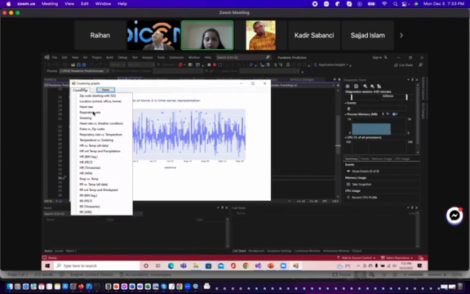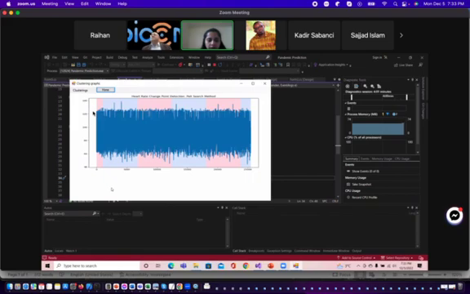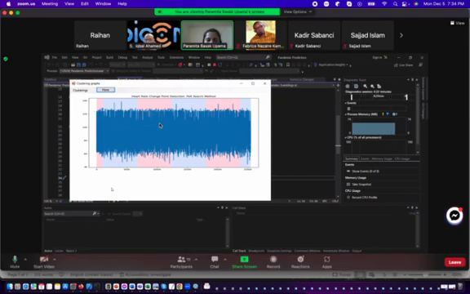If you go to the HR PELT, here you see this algorithm minimizes the cost by using reward and penalty. You can see there is some segmentation in this data. This is the PELT search method that we implemented here.